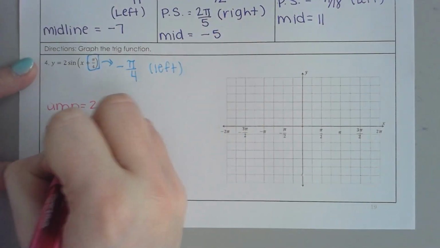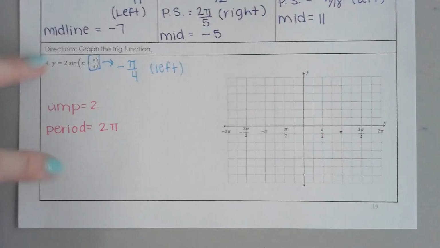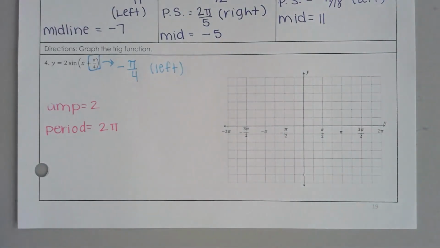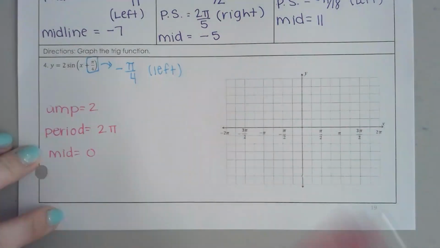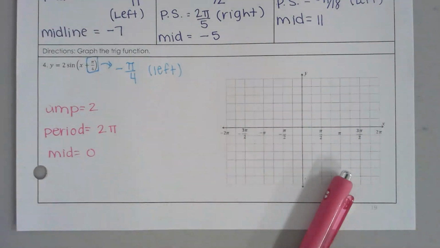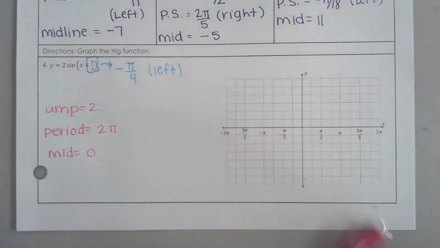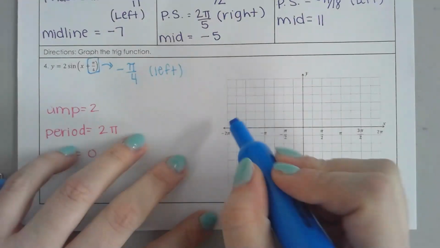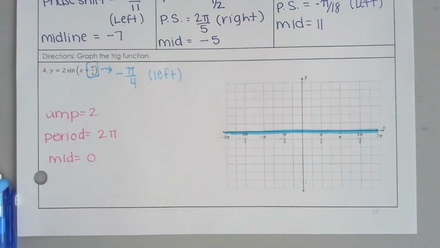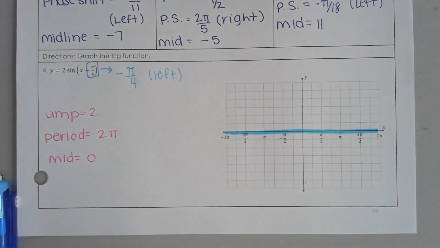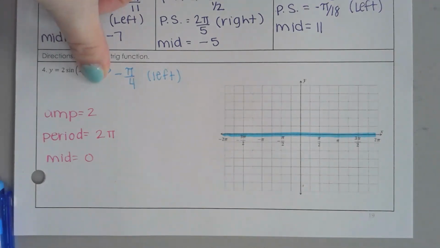My period is 2 pi over 1. And my midline is 0. Okay. So this is if we were just graphing 2 sine of x.